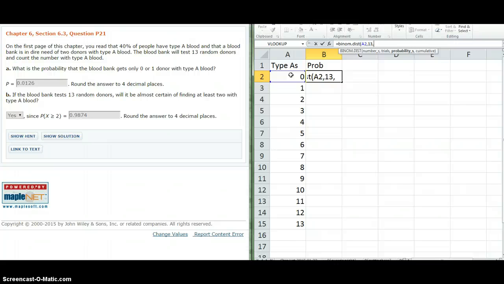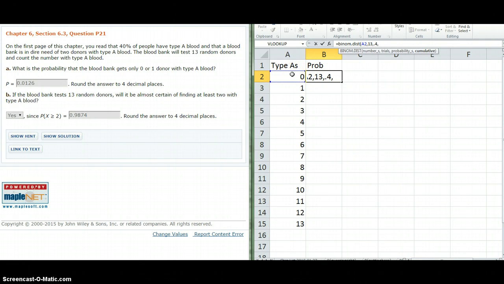The probability of a success is 0.4, since each person I draw will have a 40% chance of being type A. And then cumulative, this is a yes or no. Do I want a cumulative probability, or do I just want specifically for this number?